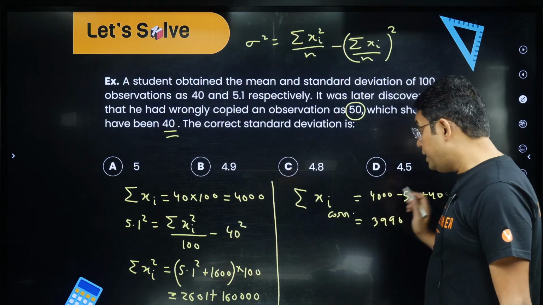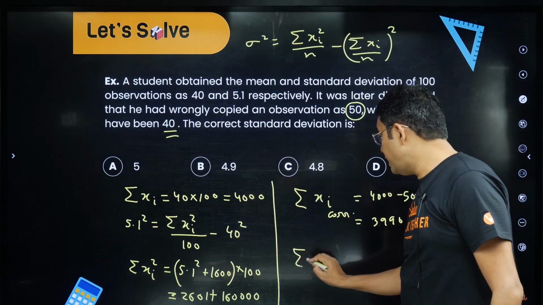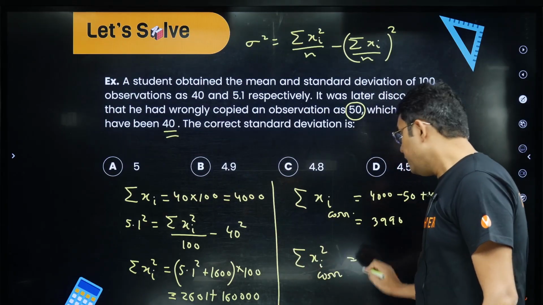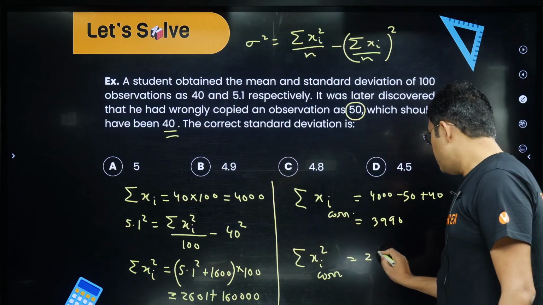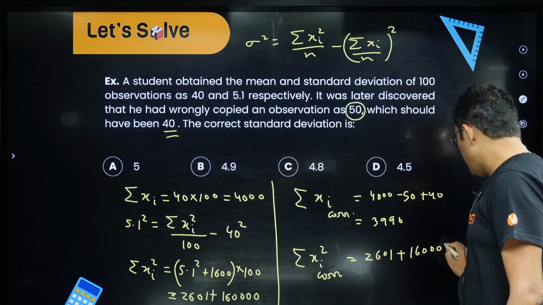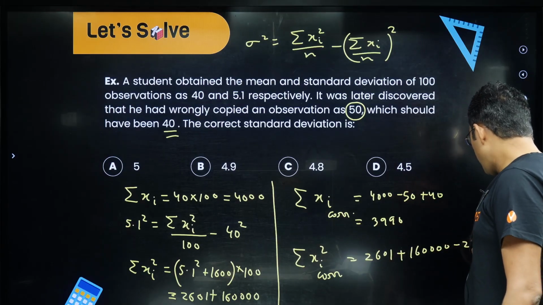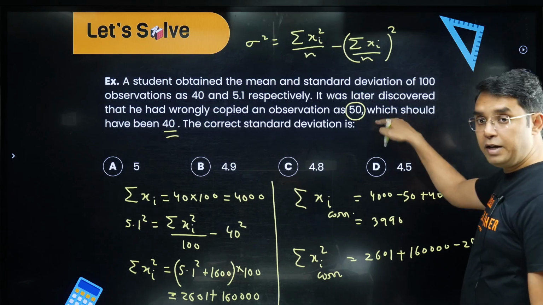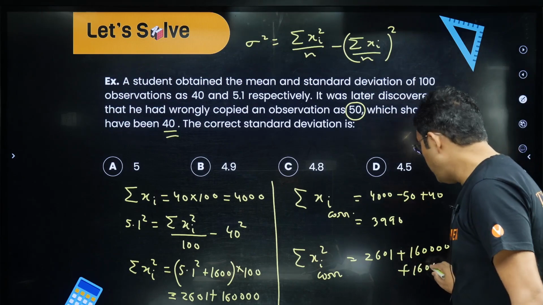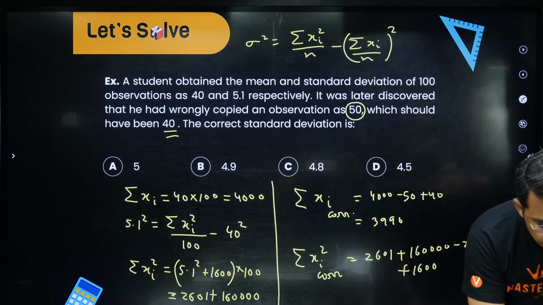Okay, and then we need to find sigma xi square also correct, and the correct value of this would be when you take 2601 plus 1600 and 2 more 0, you subtract 2500, the square of 50, and you add 1600, that is square of 40, which is the correct data here.